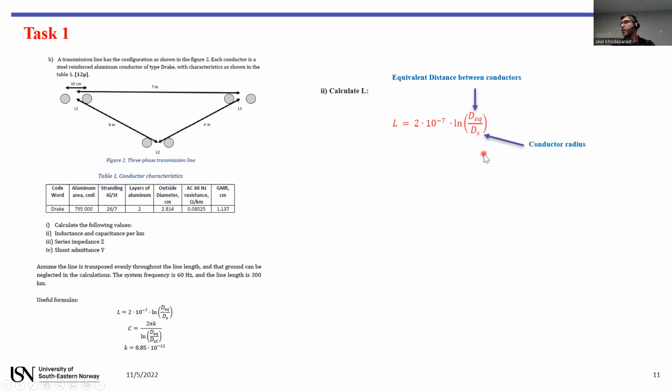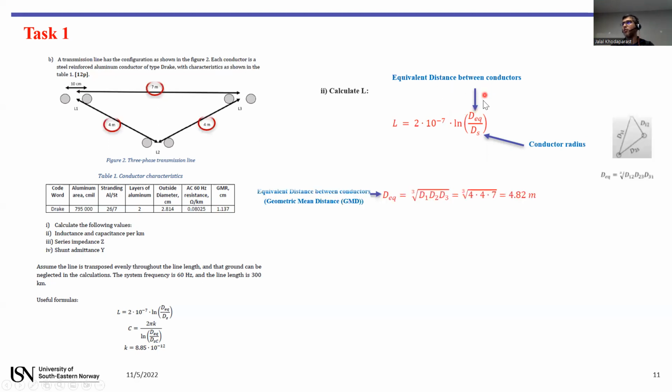Ds is the conductor radius, and the equivalent is the equivalent distance between the conductors. Based on the type of configuration, and you can see the template here, you can calculate the equivalent distance. Actually, it is the geometric mean distance. Sorry. And according to these distances, 4 meters, 4 meters, and 7 meters, you can calculate the equivalent.